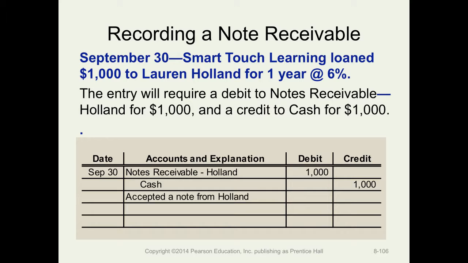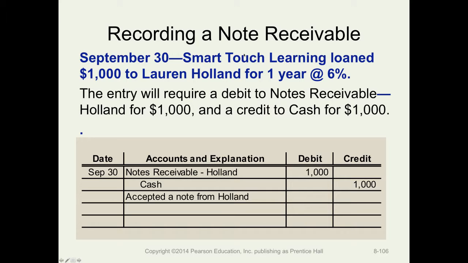Typically, we don't, because of the volume of notes used in most businesses, unless, of course, your business is to sell heavy equipment that requires financing, and then you would use the note as a normal course of operations. But typically, we could just use a general ledger account for one or two customers that have specific notes receivable. And then, of course, you debit the note and you credit cash.